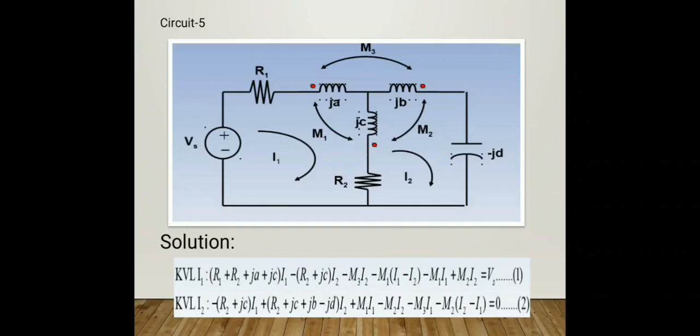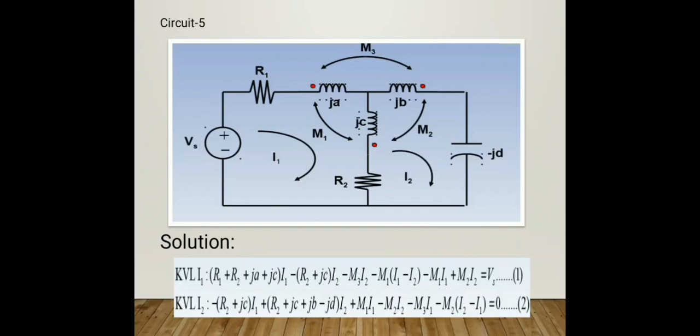Mutual inductance is negative. Okay. Let us assume that JC has two factors. One mutual inductance comes from JA and another mutual inductance comes from JB: from JA M1 and JB M2. For JA, I1 current enters and at JC I1 current leaves. So minus M1 I1.